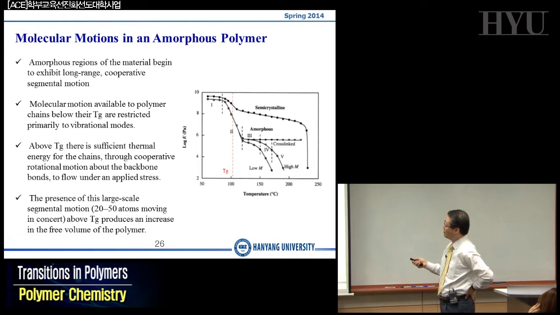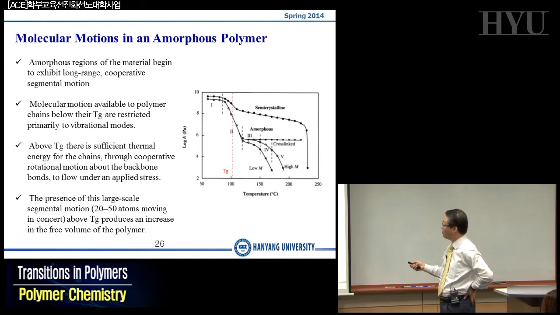If you have an amorphous polymer, your modulus will be enormously decreased, because there is no crystalline portion in amorphous polymers. If you have a cross-linked polymer, you do not detect any melting temperature, so it will just stay right there. However, if you have a non-cross-linked polymer, you can detect the degradation. It's not melting, but degradation.